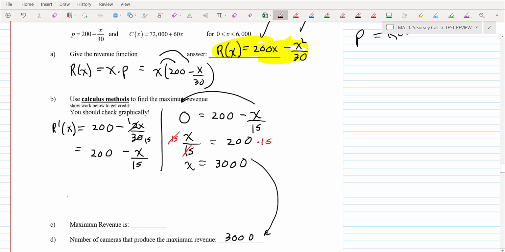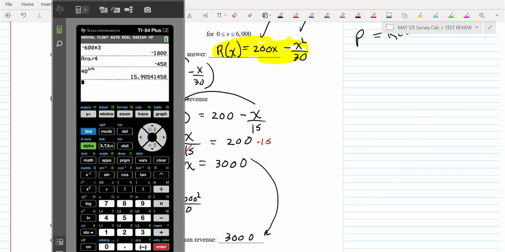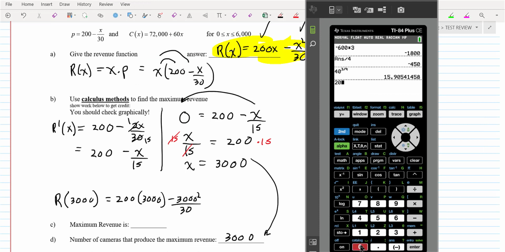You can either graph or you can go to your revenue function, which is the answer to part A, and plug in 3,000: 200 times 3,000 minus 3,000 squared over 30. You can do that pretty much in one step. So that gives 300,000. That's the money amount. That's the maximum revenue.